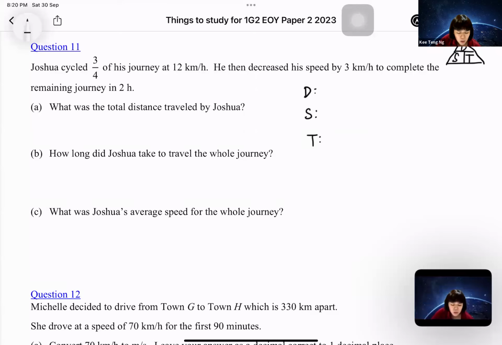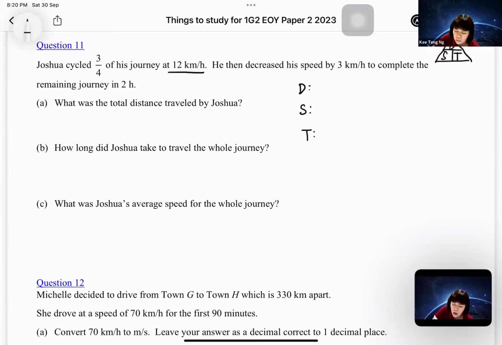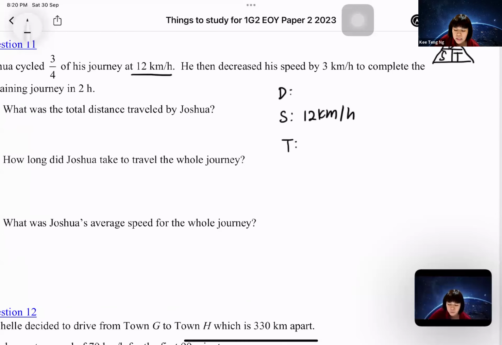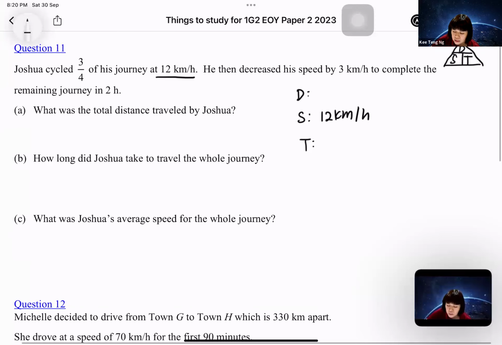Okay, Joshua cycled 3/4 of his journey, I don't know how much, but the journey was at 12 kilometers per hour. He then decreased his speed. Oh, got the second part of the journey, yeah. What is the decrease in the speed now?